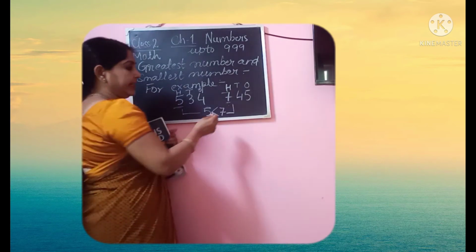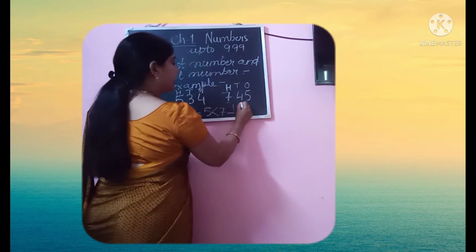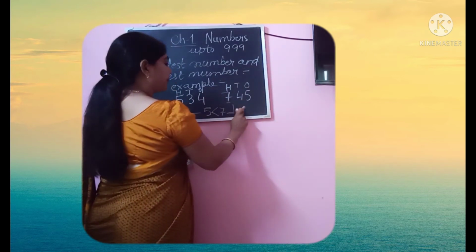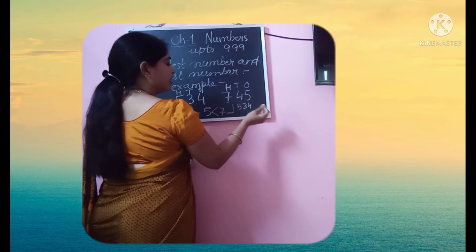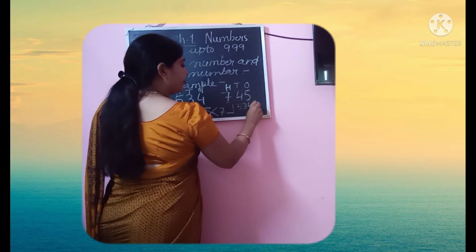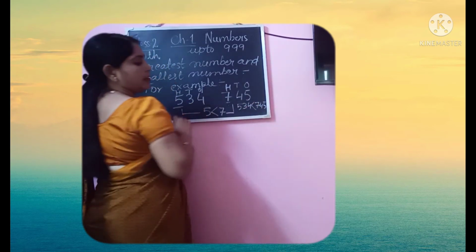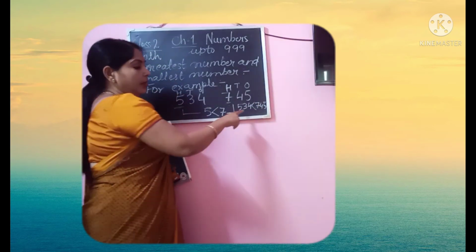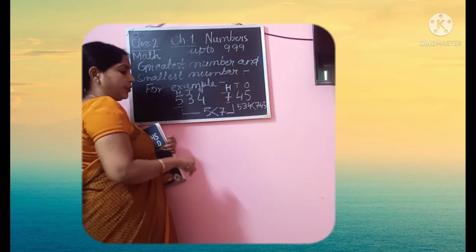So therefore we can say, 534 and 745. Out of these two numbers, 745 is greater than 534.